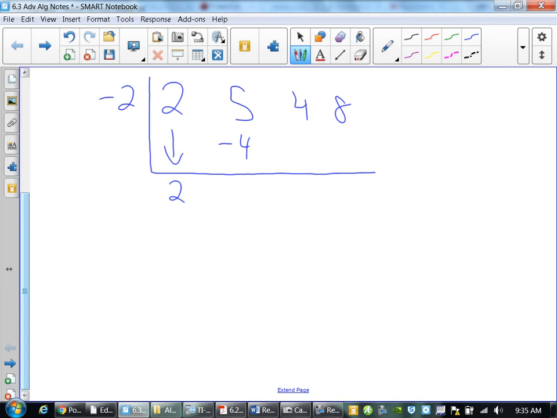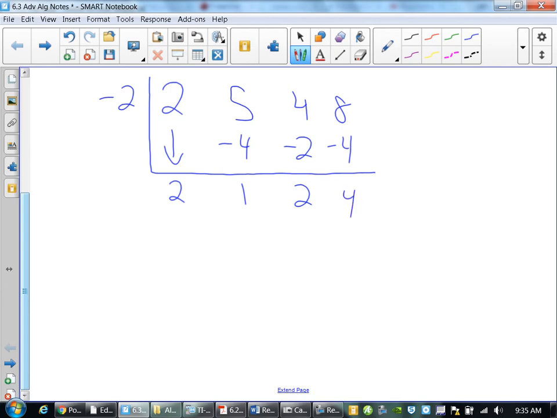What's 5 plus -4? 1. I'm adding downward and I'm multiplying the outside. What's -2 times 1? What's 4 plus -2? 2. What's 2 times -2? What's 8 plus -4?